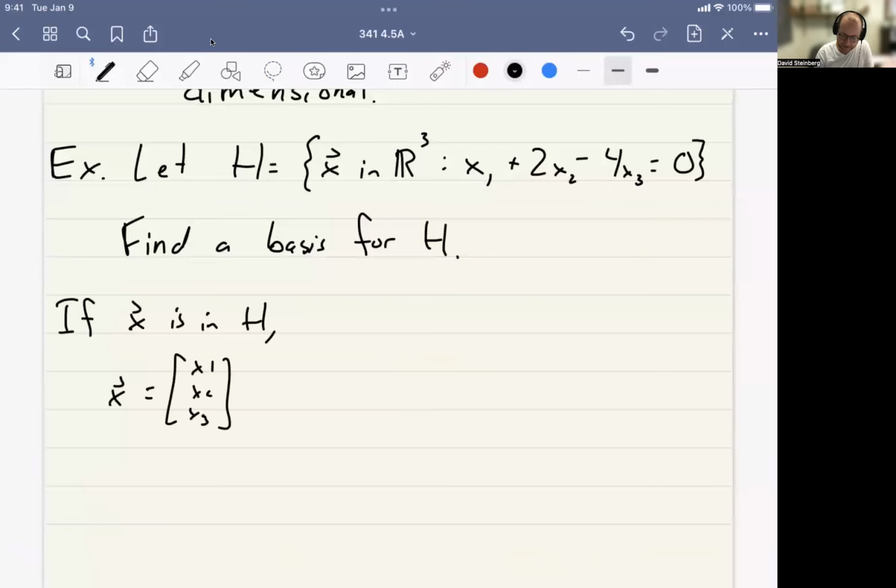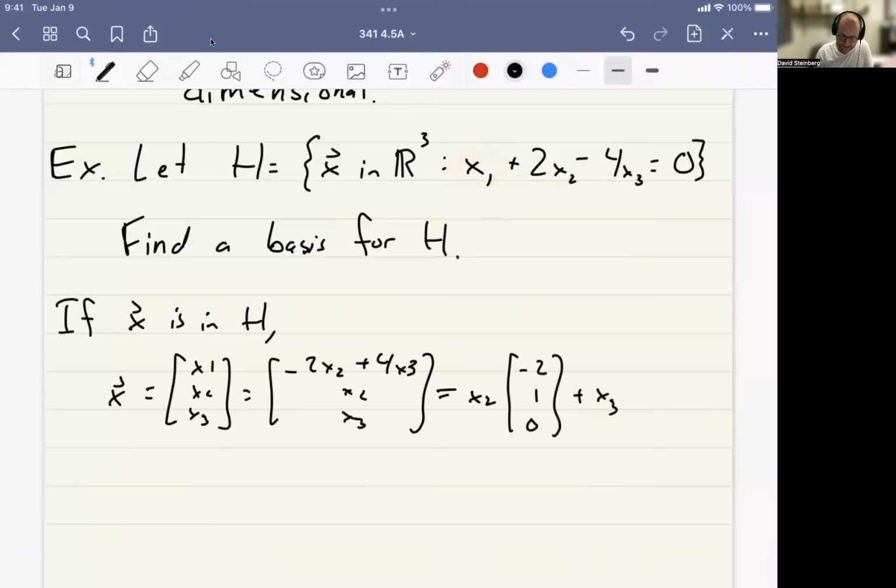And actually, we can just solve for x1 here. So really, it's equal to -2x2 + 4x3, and we've got our x2 and x3, which are hanging out. And so we're getting what? This looks like x2 times (-2, 1, 0) plus x3 times (4, 0, 1).